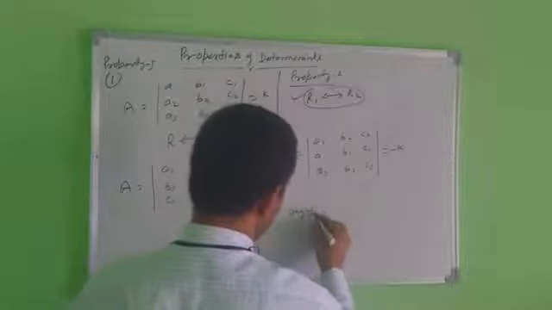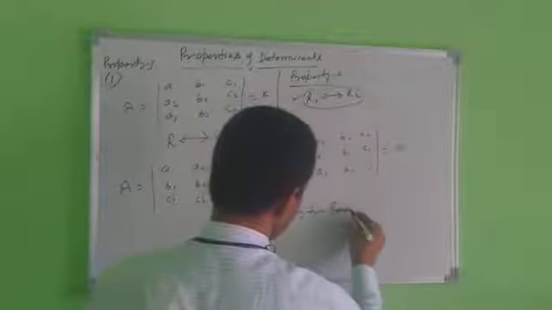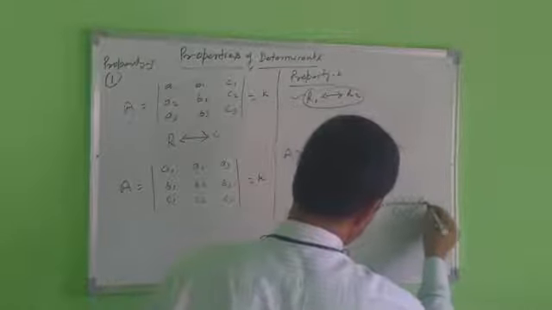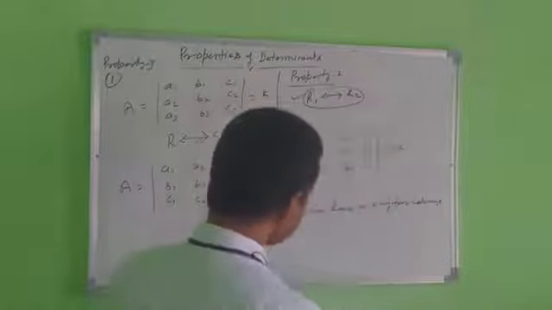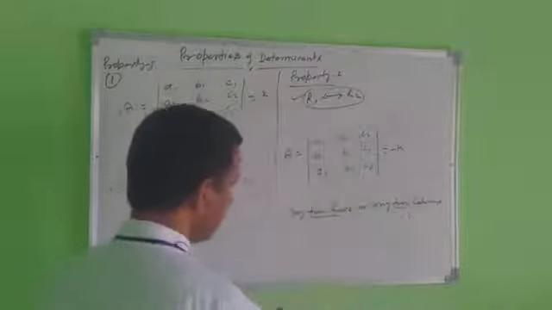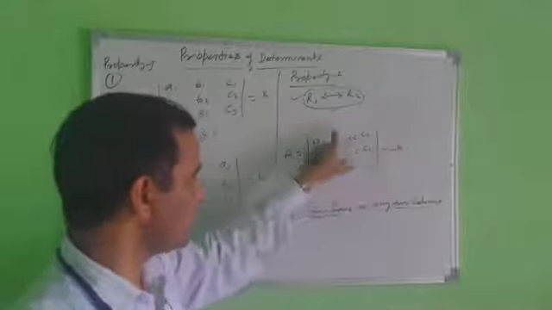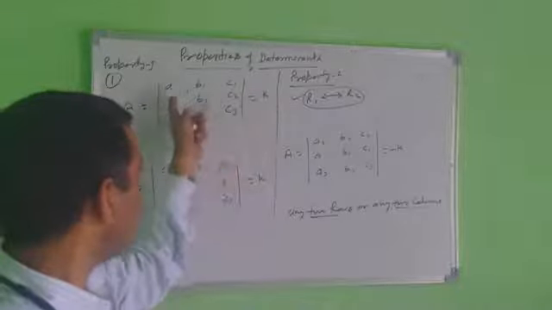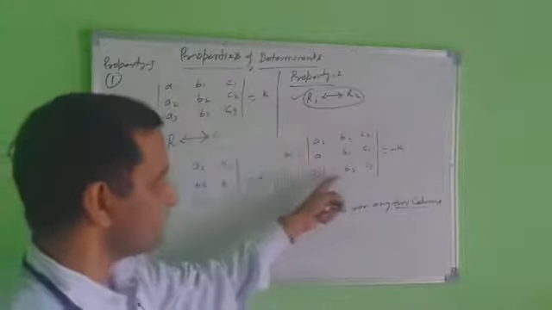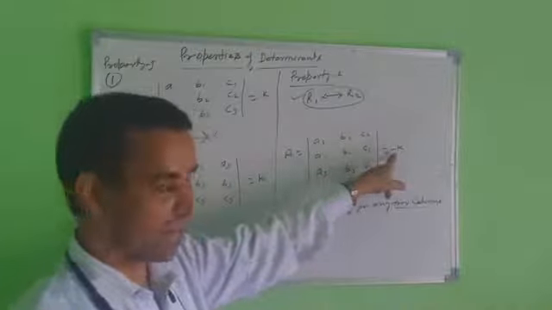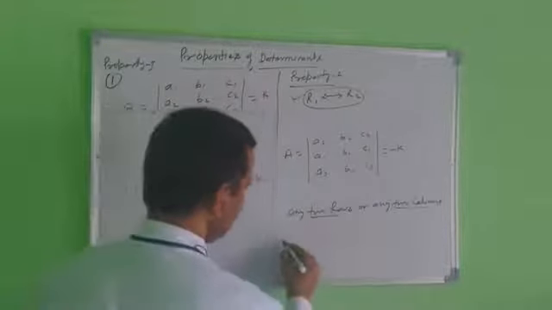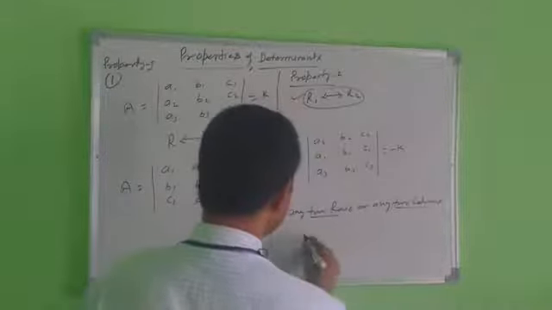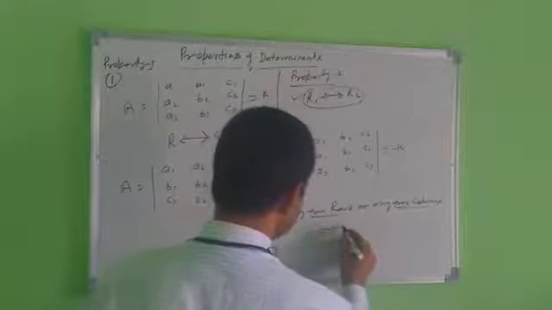Any two rows or any two columns. When you interchange any two rows or any two columns, then the sign of the determinant changes. The value of this determinant is minus K, but the original determinant value is K. Suppose you interchange C1 and C3.